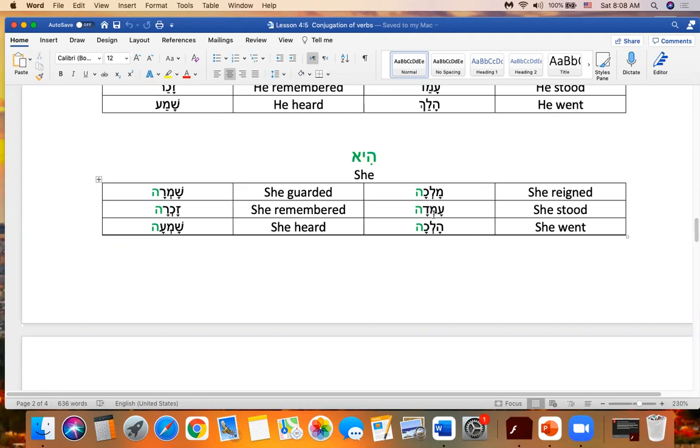So the first two letters are a syllable, and then you just attach the hey at the end. She went, halak is halcha. Guarded, shamar, shamra. Remembered, zachar, zachra. Heard, shama, shamha. So shama, it sounds sort of the same. The only thing is it has a hey at the end. So when you're reading it, you'll know that it's feminine. But if you were speaking, you would have a hard time. You'd have to take it in context.